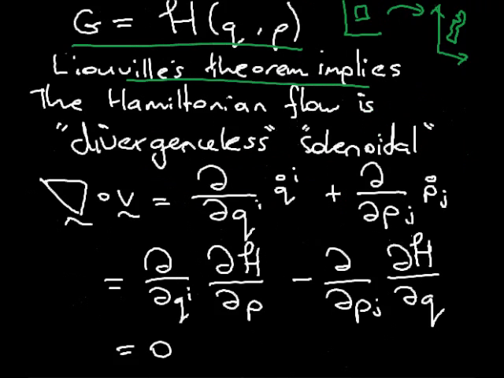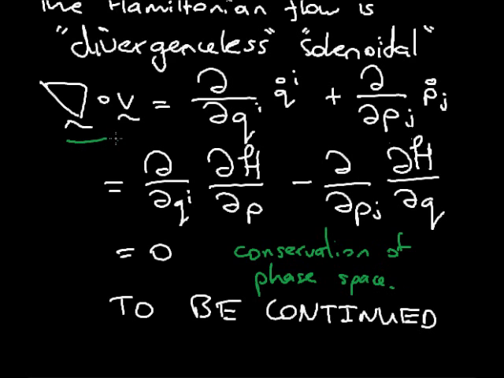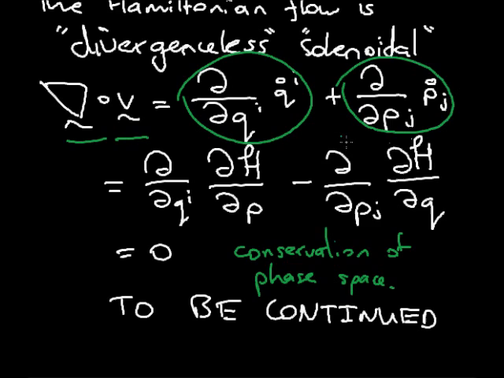So we're going to talk about that later in a future video series when I discuss thermal physics and talk about ergodic systems. Okay, so we can directly relate the divergence of the Hamiltonian field and see that it equals 0. So this is divergenceless, or incompressible, or solenoidal, three words that mean the same thing about a vector field.